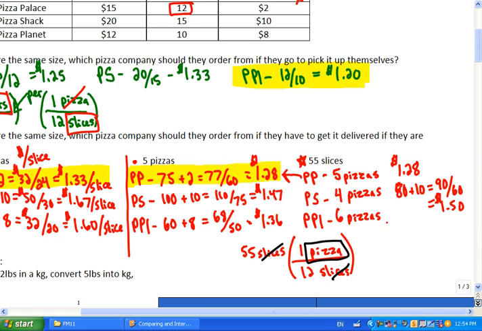And if I order 6 pizzas from the Pizza Planet, that means I'm going to have $72 plus the $8 for delivery. So it's $80 out of 60 slices. I don't think it's going to beat it, but we'll just take a look. $1.33. So actually pretty close. But again, the champion of pizzas is the Pizza Palace.